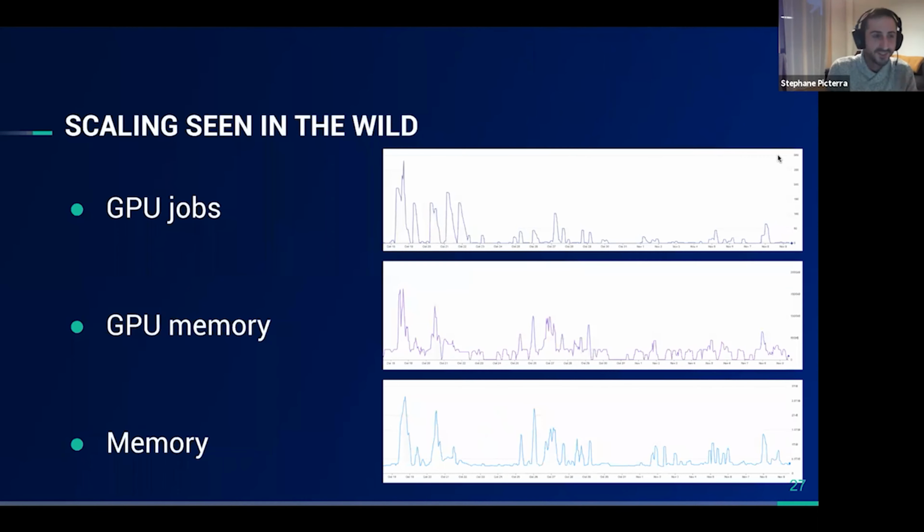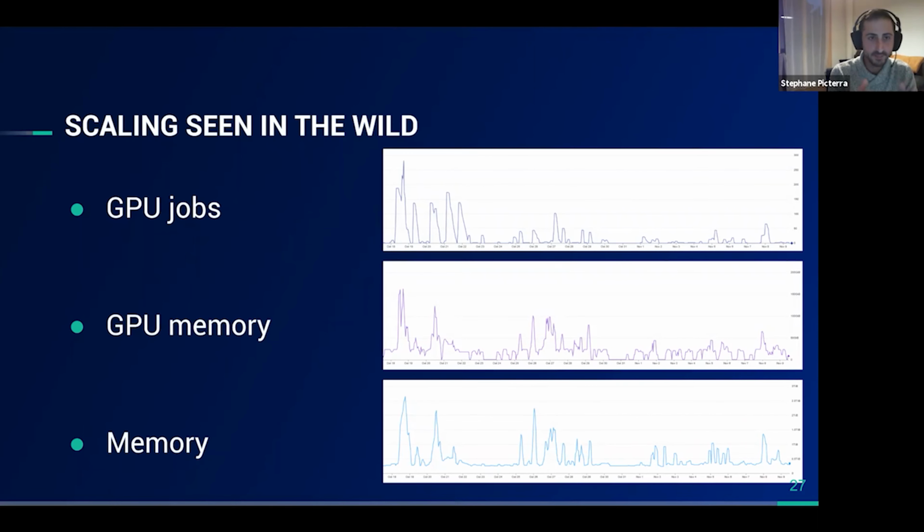So going back to the previous slide, here's what the scaling looks like from a DevOps perspective, sort of how I see things. In the GPU jobs graph, the left part has a big spike, and that's when a user enqueued a lot of new jobs that require new GPUs.